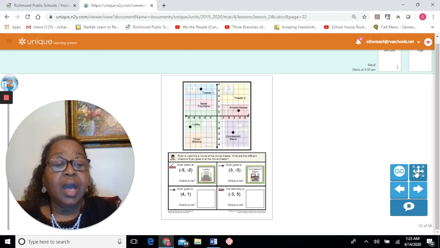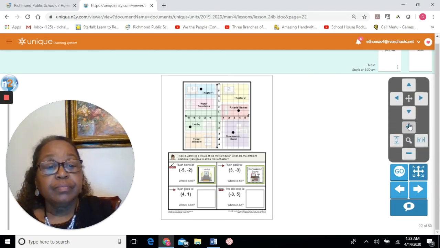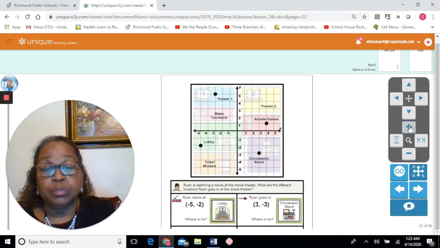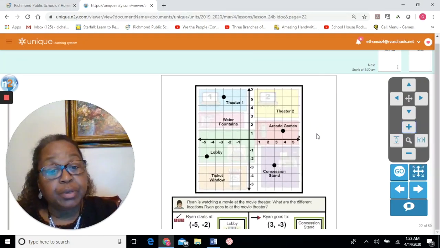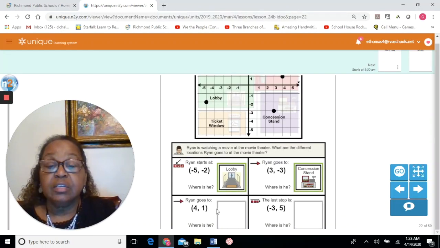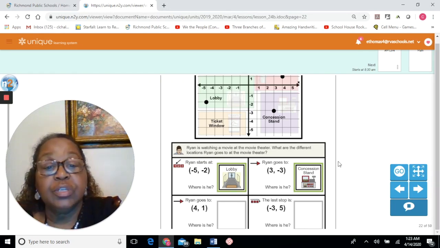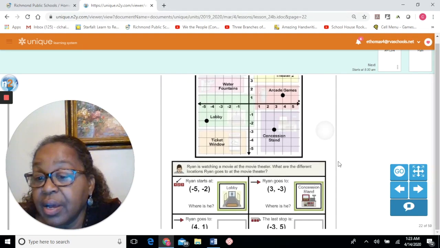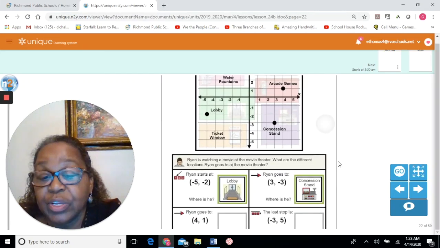All right. Our next number, and I say that I'm making this bigger for you, but I'm really making it bigger for myself because Miss Lucas cannot see those small numbers. The next number in our ordered pair, which is in parentheses, is +4, +1. We know the first number is for the x-axis. Very good.